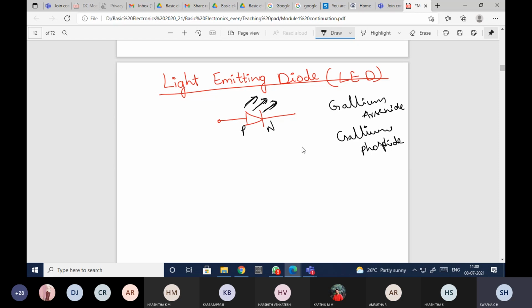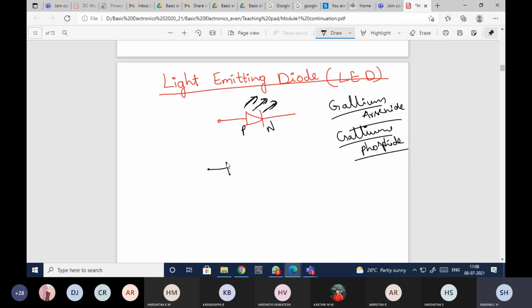All VIBGYOR color LEDs are available. Based on the material you are using, that particular color will be emitted. So that is the basic principle, and the reason it is emitting light is because of these materials which are used. Otherwise, what is the difference between this diode and the normal diode?